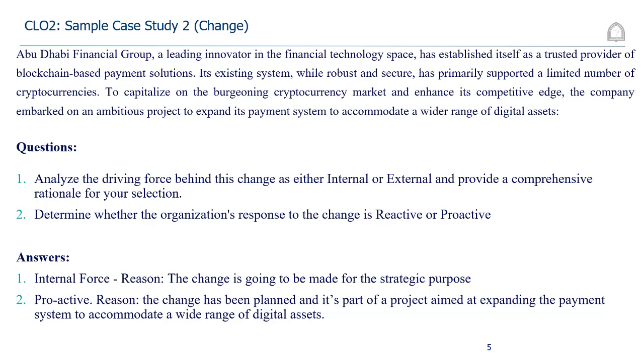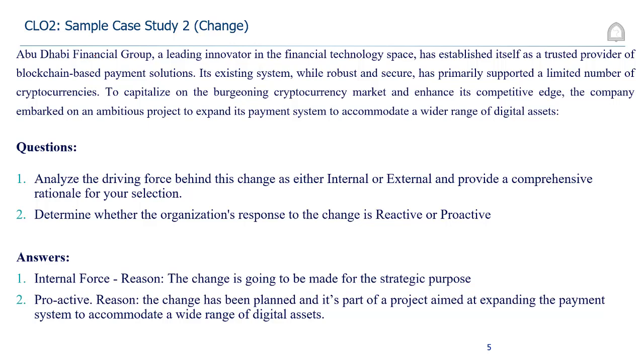In other words, as a business, we have planned to do that particular change because it is going to give us some competitive advantage, or because it is aligning with what you want the business to achieve, or because there's a change in technology, and therefore we feel that we need to act.